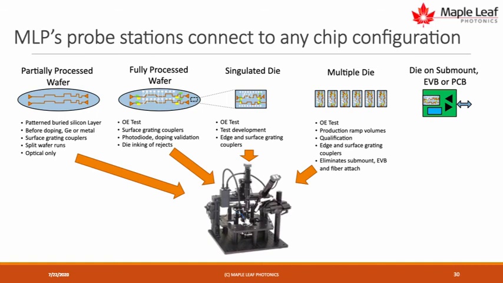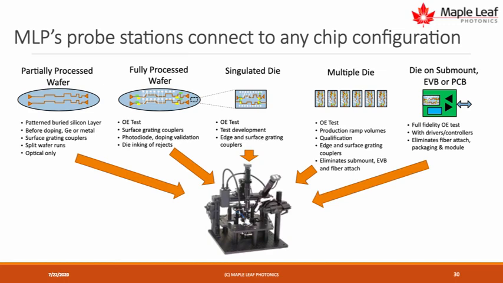And then last but not least, when you have the die on a submount or you choose to put it on an eval board or a PCB, you can now bring all the environment that chip is designed for, whether it's hundreds or even thousands of wire bonds or solder bumps, bring in laser sources if they're available there, drivers both on the transmit and receive side, as well as switching elements for Mach-Zehnders and ring resonators.